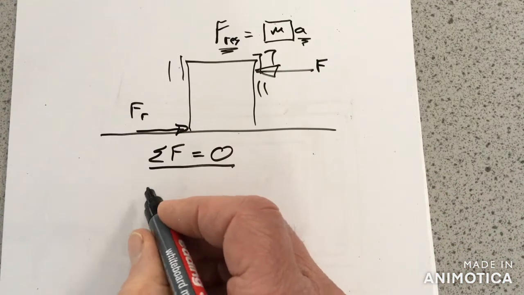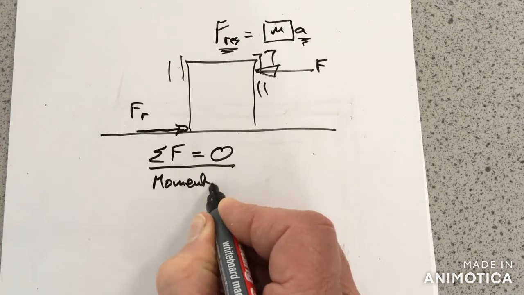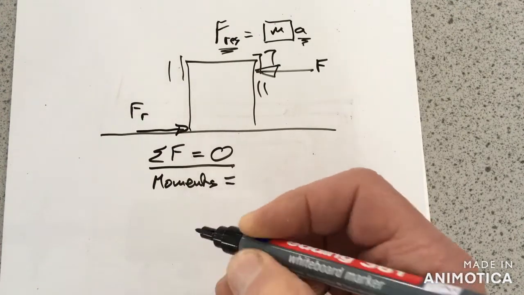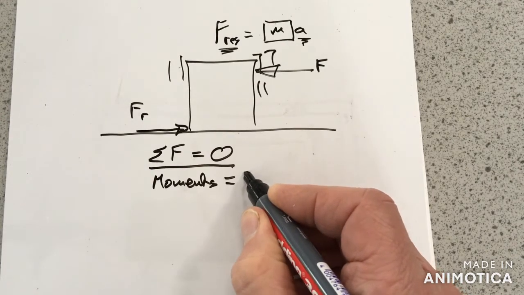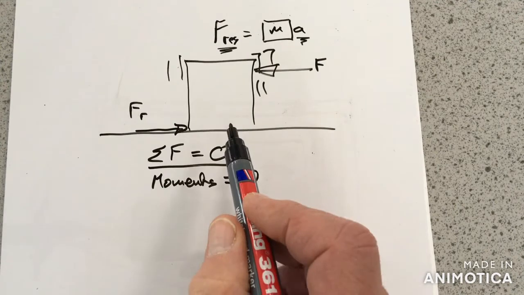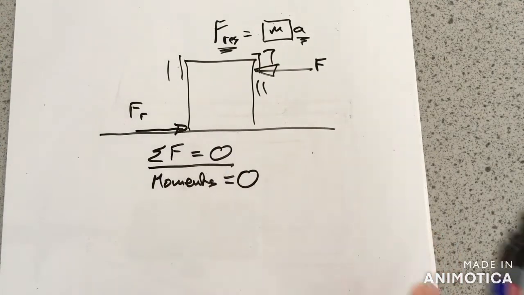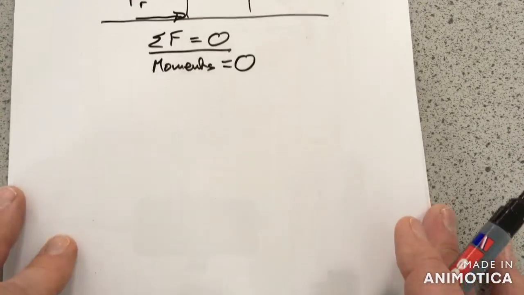And that is the idea of moments. The moments are also forces, kind of. They're also going to have to add up to nothing, because we don't want this to twist. We don't want it to change its motion.